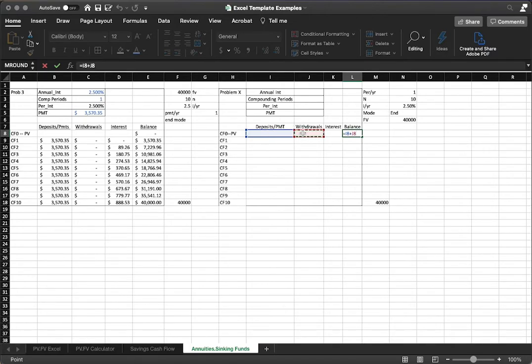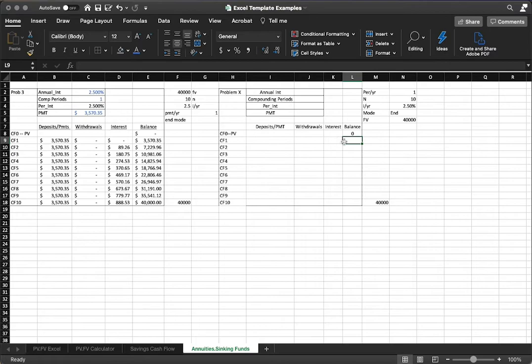Now, why did I do plus when withdrawals is taking money away? Well, because when we put in our withdrawal amount, we're going to put it in as a negative in the cell. That way, when you do I8 plus a negative number, it's going to convert that plus in the equation to a negative, and it'll do the subtraction for us.